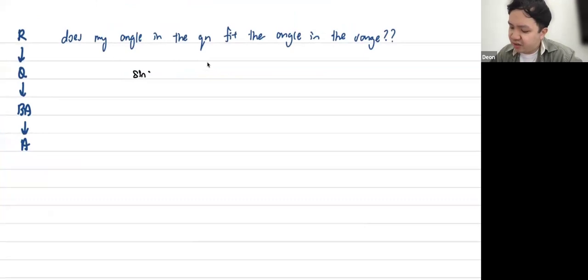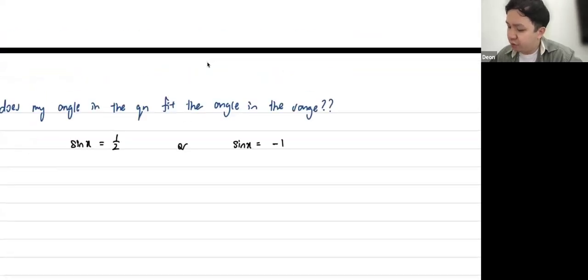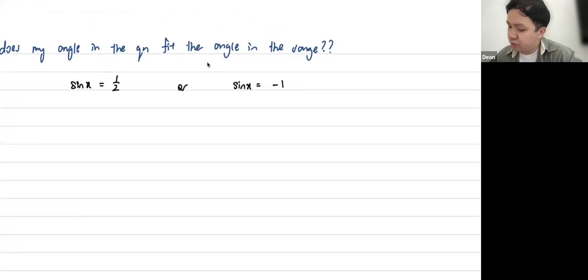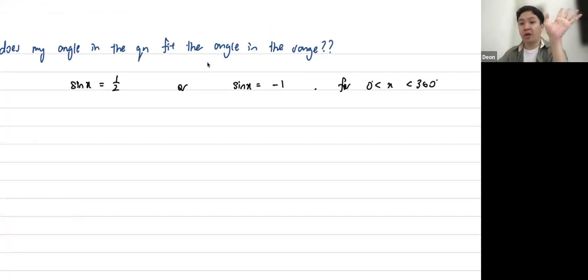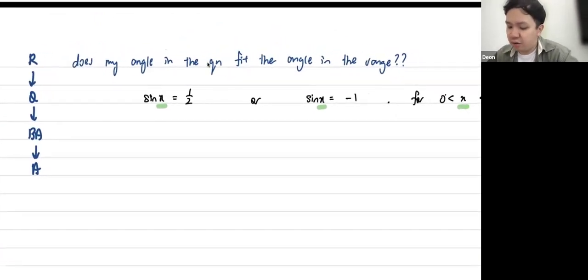I have sine x equals negative 1 or sine x equals a half, right? So let's look and see whether it matches or not. This x here matches with this x. So this means I have settled the range. This is done. For the questions that don't match, I just need to make sure that they do.